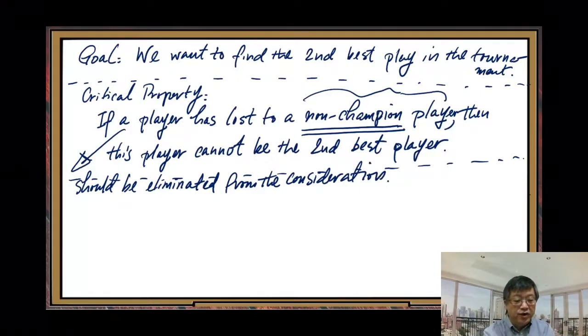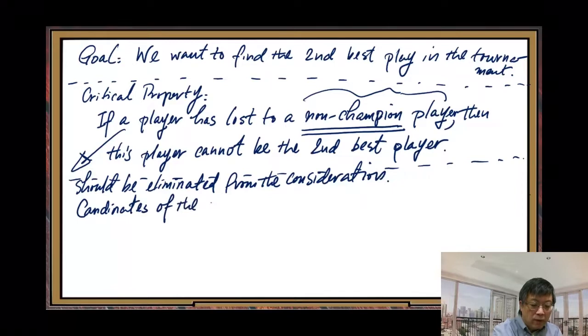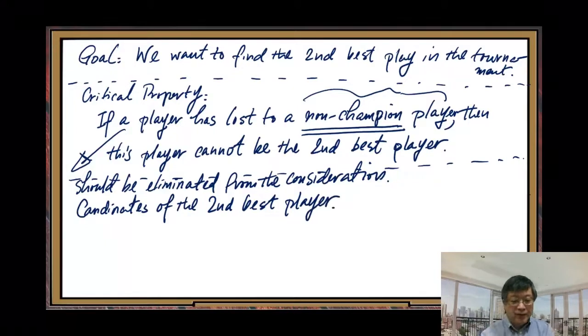Then, based on this critical property, let me describe the candidates for the second best player. So next, we need to get candidates of the second best player. Let me write that, and you try to see if it is okay or not.